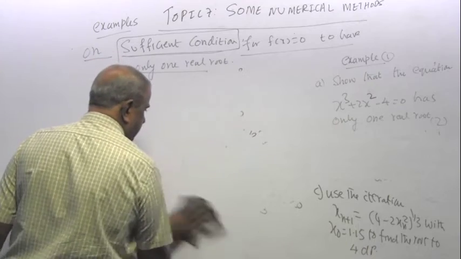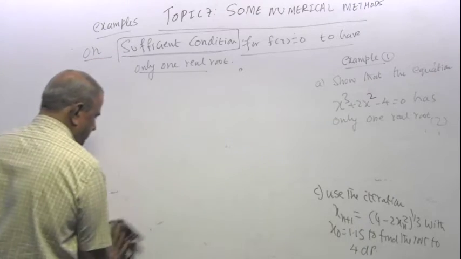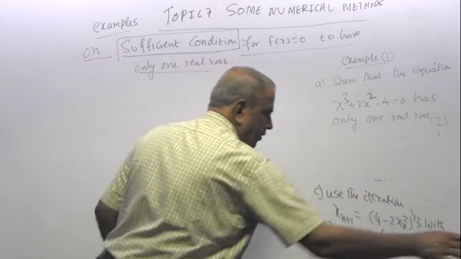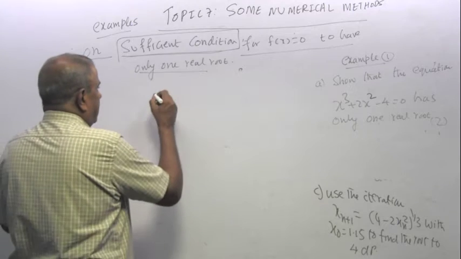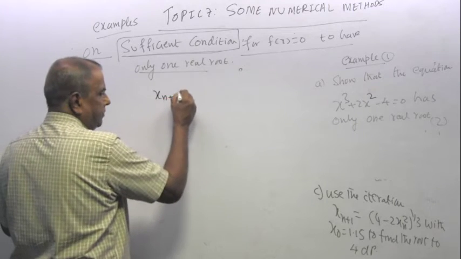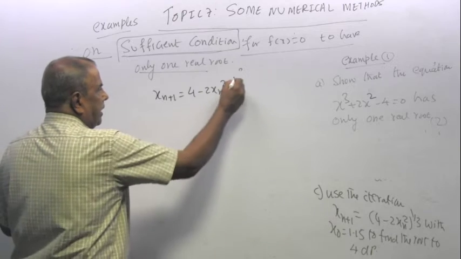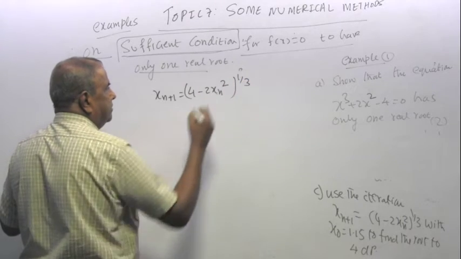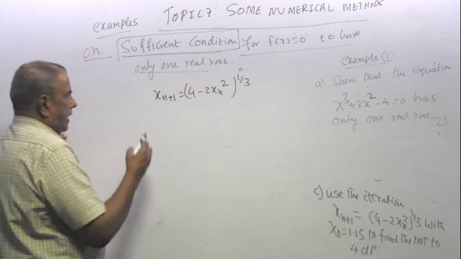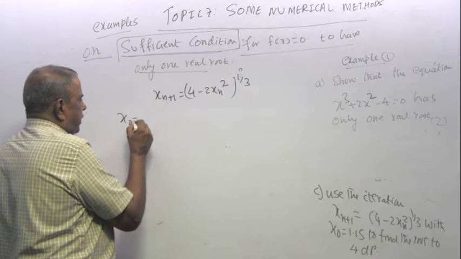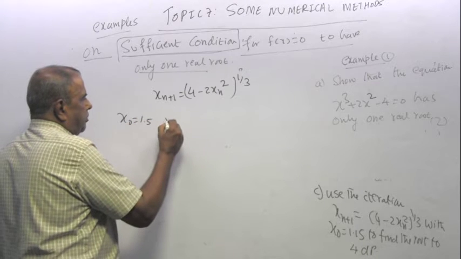So look, you're being given an iterative formula. So what's the formula given? xn plus 1 equal to cube root of 4 minus 2xn squared. And you have to start with x naught equals 1.5. Put n as 0.